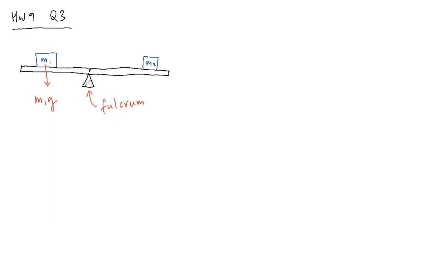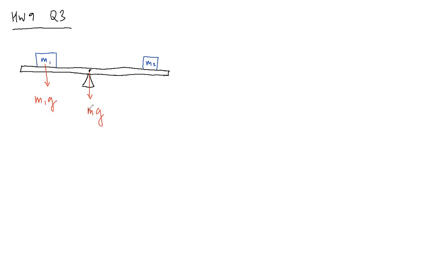And on the seesaw itself, the fulcrum is just the thing that provides the fixed pivot point. That's all that is. And then the seesaw itself, of course, has a certain weight, but this has no effect in terms of torque because there's no distance from the fulcrum, no distance from the pivot point.